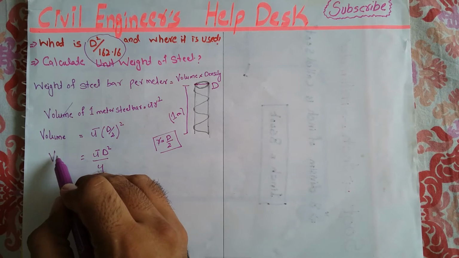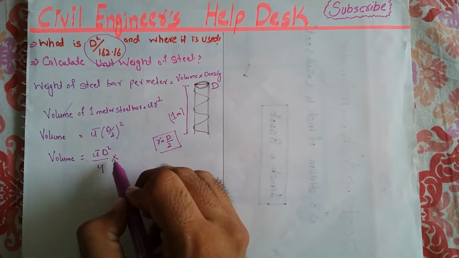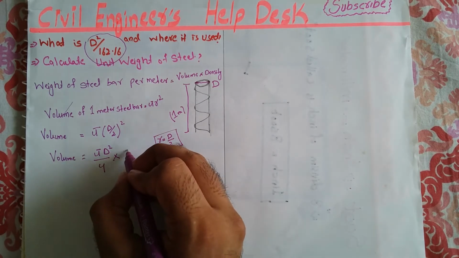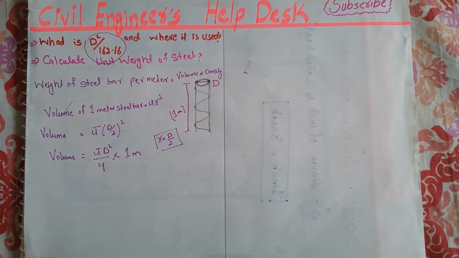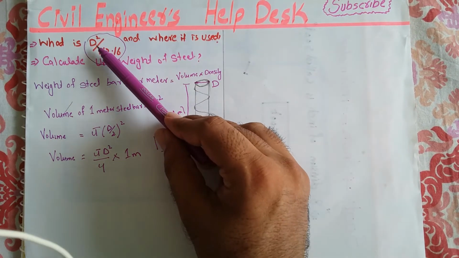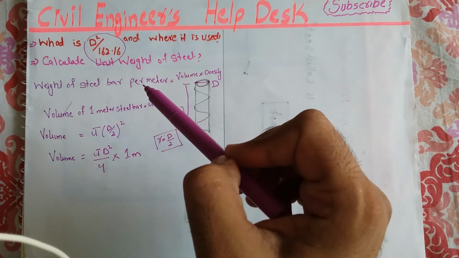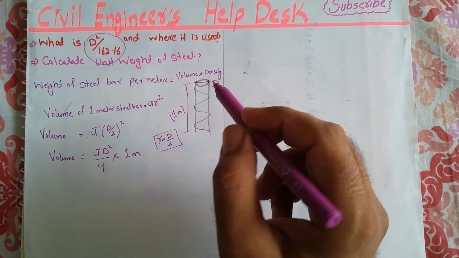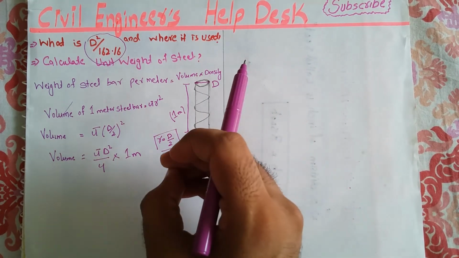But viewers, we are working for 1 meter, so we will write here for 1 meter. This derivation includes diameter, and diameter of steel bars is always taken in millimeter. On every site you will take diameter of bars in mm.